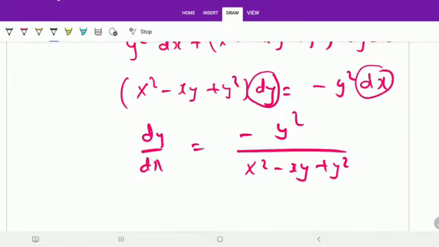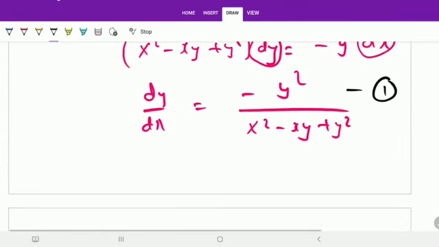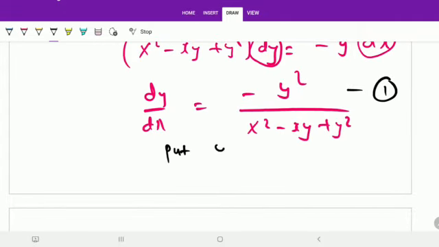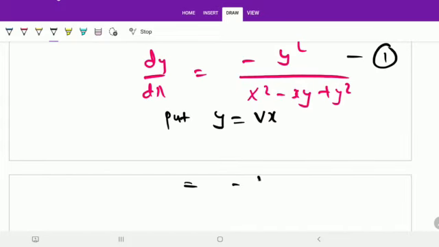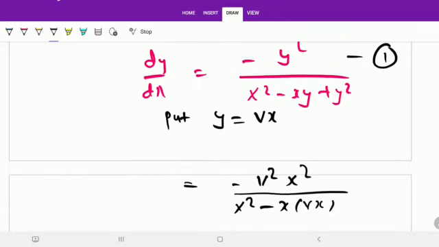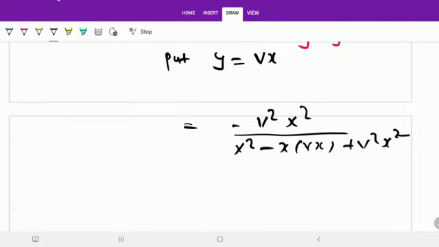Again as usual, this is going to be my equation number 1, and we are going to put y equal to vx. So this will be minus v square x square upon x square minus x times vx plus v square x square. We just simplify this.